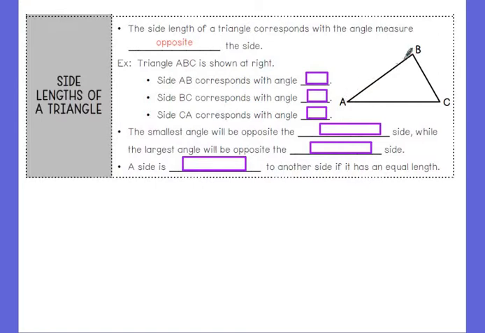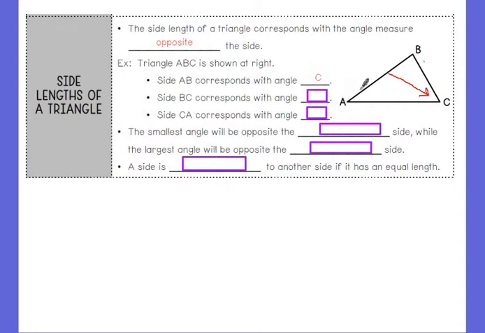Here's side AB. The angle that is opposite of it, or is not even touching it, you can draw a line to it, is its corresponding angle. So the corresponding angle to line AB is going to be angle C.